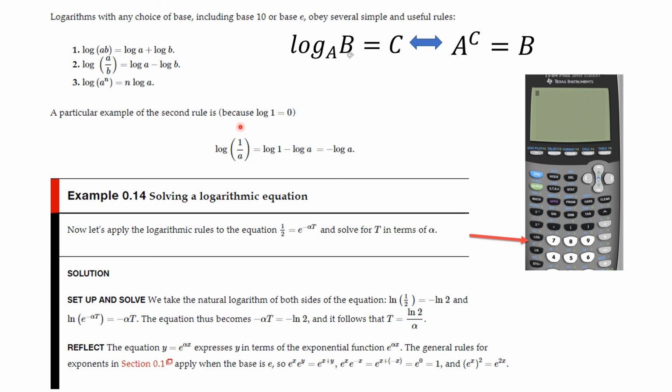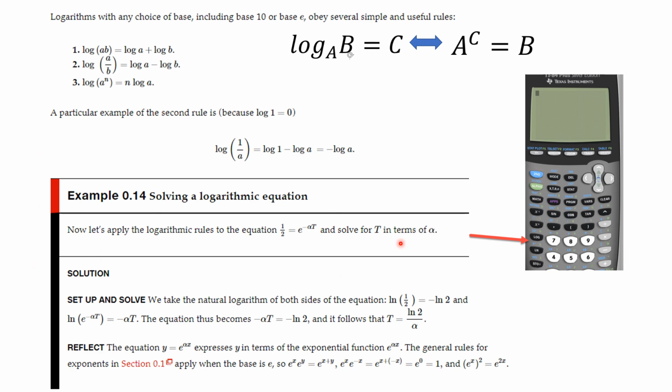A particular example of this is the second rule, because the log of 1 is 0. Also, the log of 1 over a is the log of 1, which is 0, minus the log of a, so that is minus the log of a. Now, you might say, well, we won't have to know these, will we? Yes, you will, because logarithms will come up in upcoming sections.